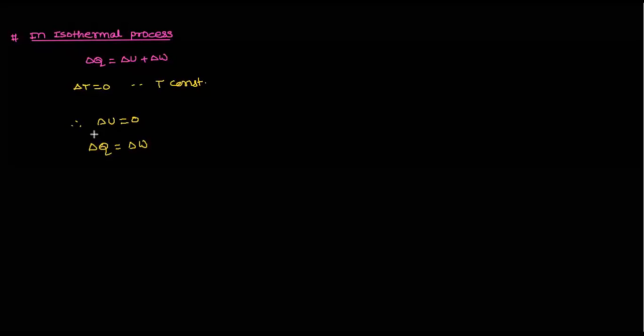Here, as T is constant, delta T is equal to 0. Therefore, delta U will become 0, and therefore delta Q is equal to delta W in the isothermal process, because there is no change in temperature, so no change in internal energy, and that's why delta Q is equal to delta W.